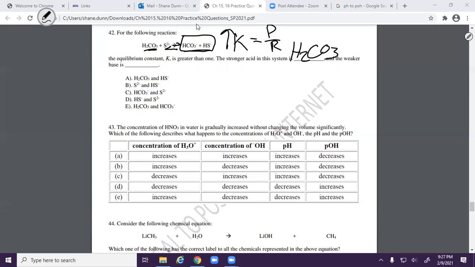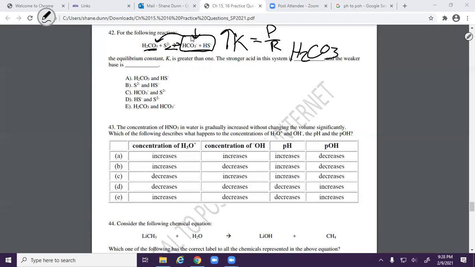In the box right here, which one's the base? So what makes an acid an acid? It donates what? So what makes something a base? So which one of those guys receives a hydrogen? To go back to this, HS is what, an acid or a base?